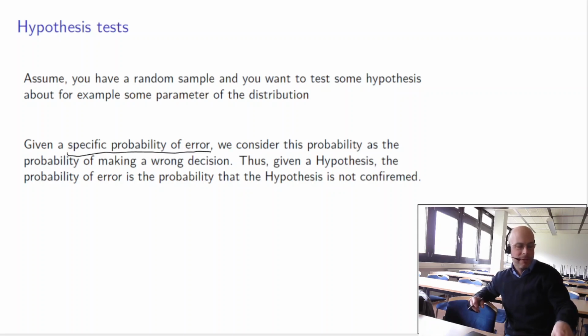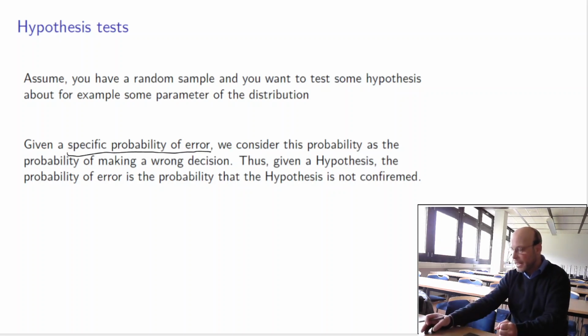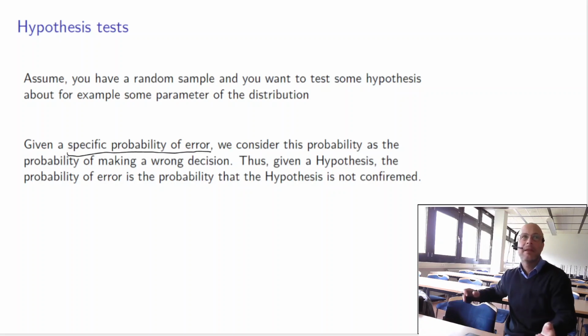And this, of course, you always have to do in advance, because sometimes people pick some random sample, analyze it, and then look at the numbers and find, okay, I would not reject my hypothesis up to a level of 2.5%.